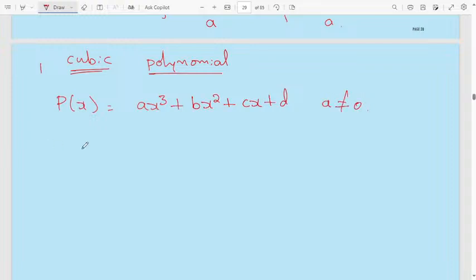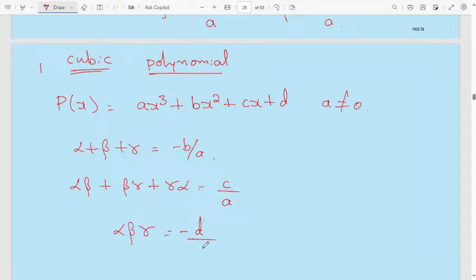Then the sum of the zeros, alpha plus beta plus gamma, is minus b by a. Alpha beta plus beta gamma plus gamma alpha is c by a. The product alpha beta gamma is minus d by a. Remember the formulas.